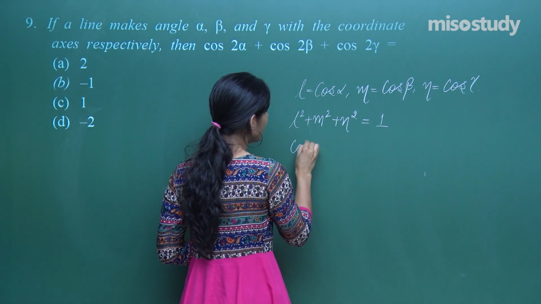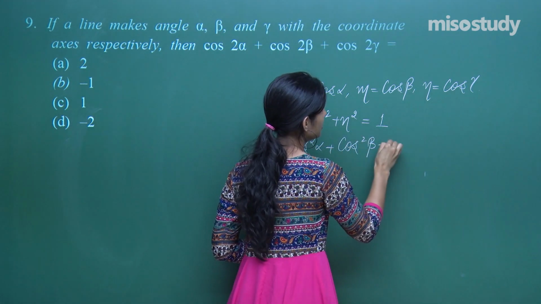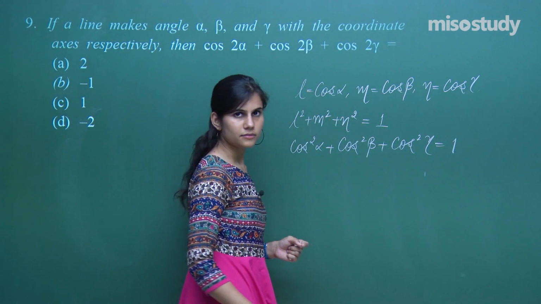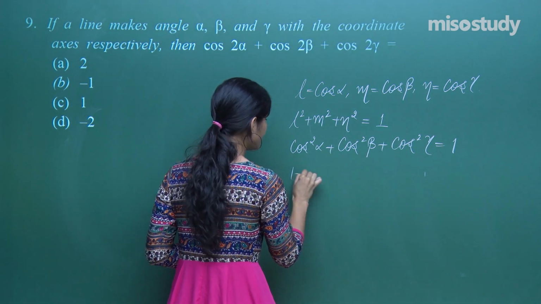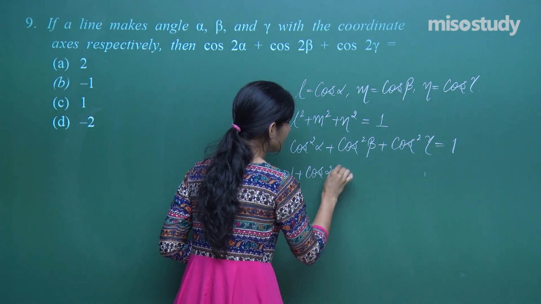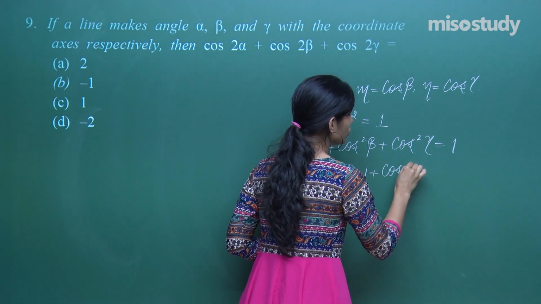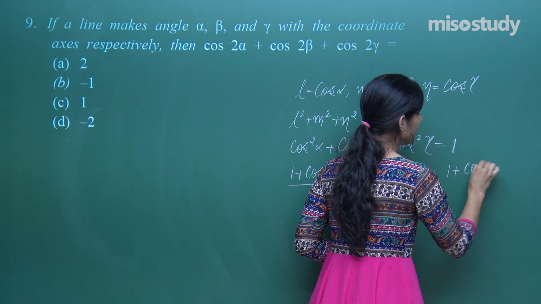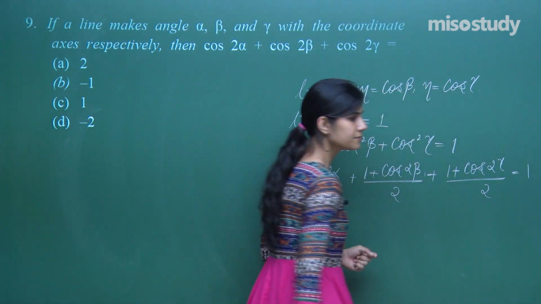So you get cos square alpha plus cos square beta plus cos square gamma is 1. You know that 1 plus cos 2 alpha is 2 cos square alpha. So (1 plus cos 2 alpha) upon 2 plus (1 plus cos 2 beta) upon 2 plus (1 plus cos 2 gamma) upon 2 is 1.